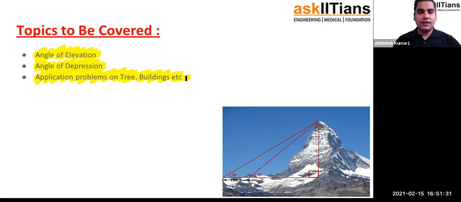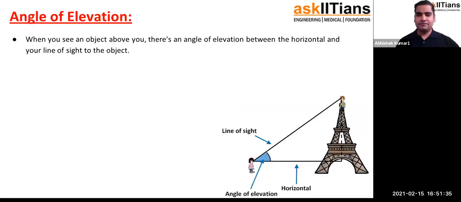So I think we should start our chapter, topic number 1, which is angle of elevation. It's super easy. If you go to the dictionary and check the meaning of the word elevation, you will see that the dictionary meaning of elevation is actually height. And the topic that we are discussing is angle of elevation.